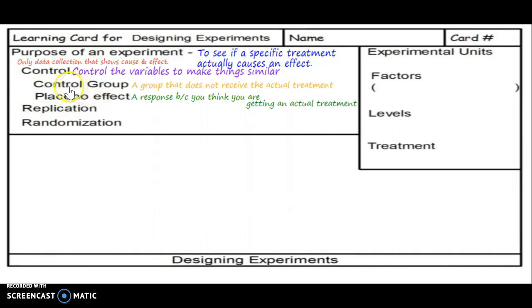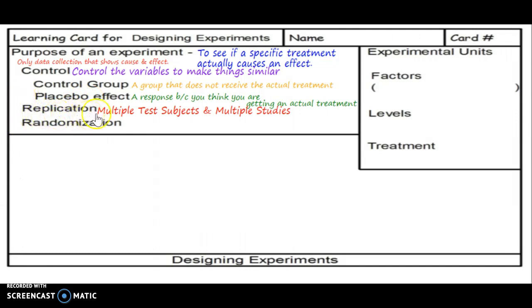But sometimes when people take a placebo, what happens is the effect of the actual drug or treatment actually occurs, and that's called the placebo effect. So the definition is a response because you think you are getting an actual treatment. So something happens, but it's just your mind and your body changing things, when in reality the placebo, the fake drug, is not doing anything at all.